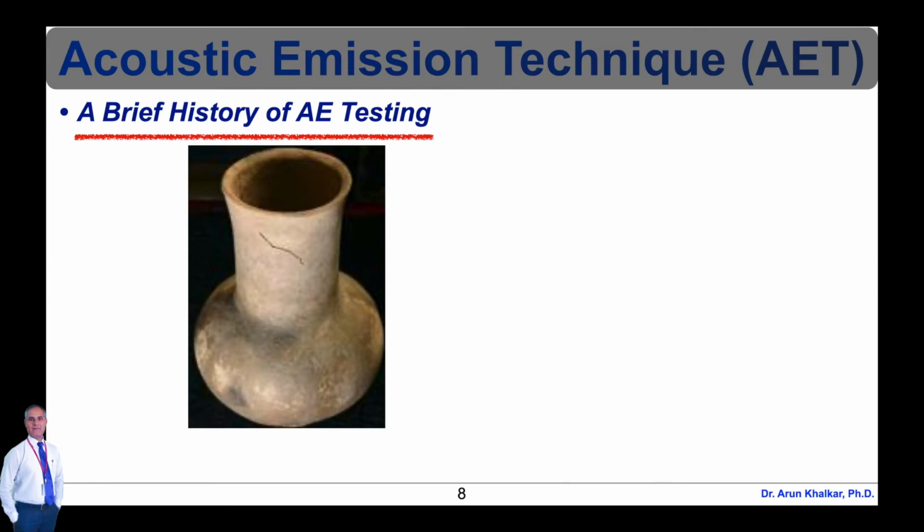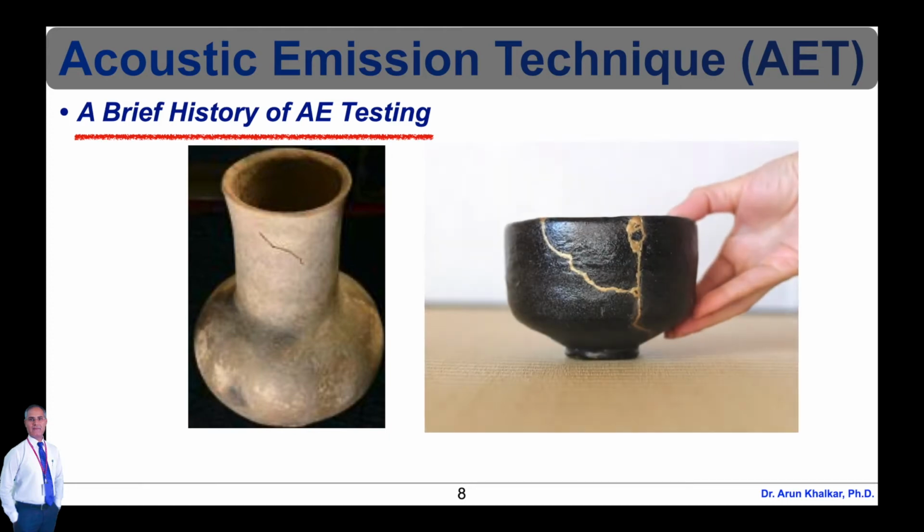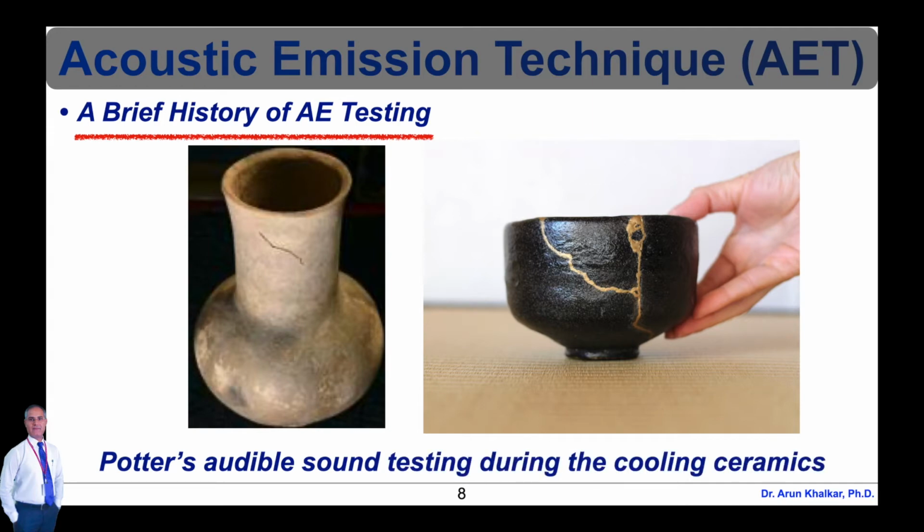As early as 6500 BC, potters were known to listen for audible sounds during the cooling of their ceramics, signifying structural failure. In metalworking, the term tin cry, audible emissions produced by the mechanical twinning of pure tin during plastic deformation, was coined around 3700 BC by tin smelters in Asia Minor.